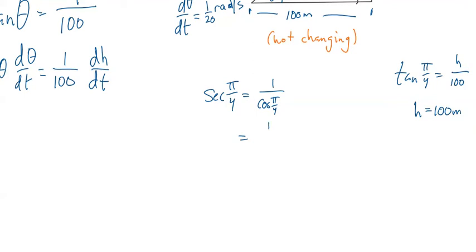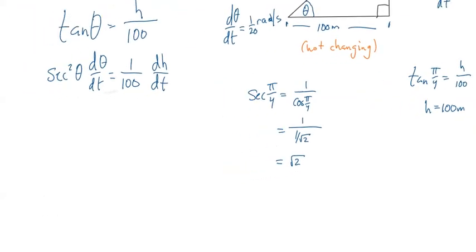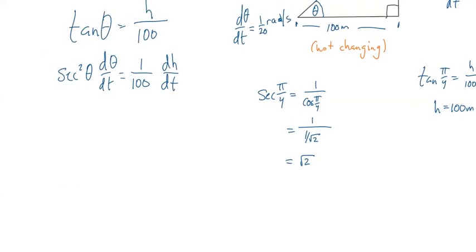Okay, so now we can sub in root 2 squared times d theta by dt, which is 1 over 20, times 100, moving that over, is our dh by dt. 100 divided by 20 is 5. Root 2 squared is 2. 5 times 2 is 10.